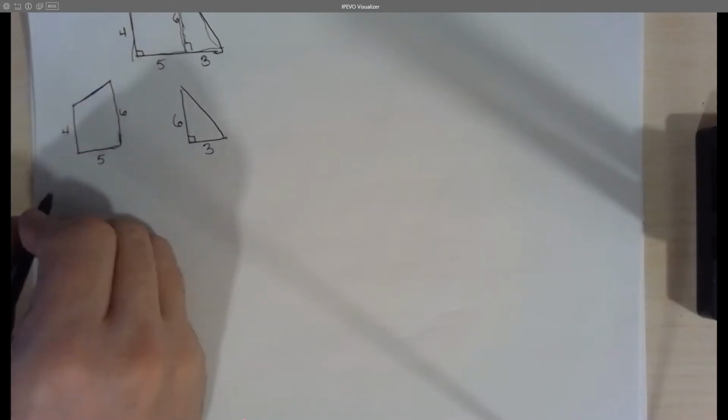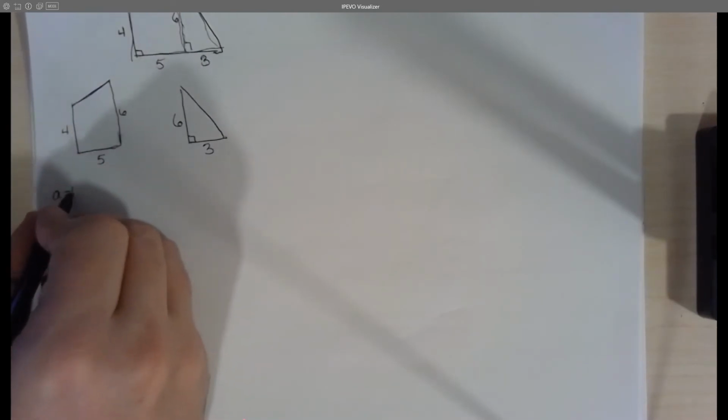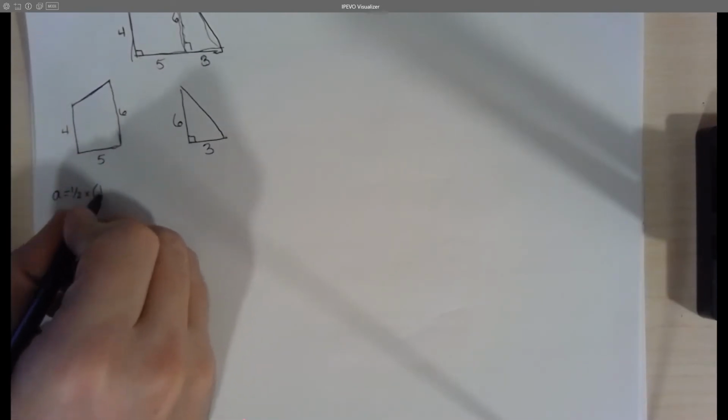So trapezoid, remember that our area equals 1/2 times base 1 plus base 2 times height. So 1/2 times our base 1 is going to be this here. You can use this as your base 1 or this is your base 1, doesn't matter. I'm going to say this is our base 1 though. We don't have this and this because they're not parallel. So we have to use our 2 parallel sides as our bases.